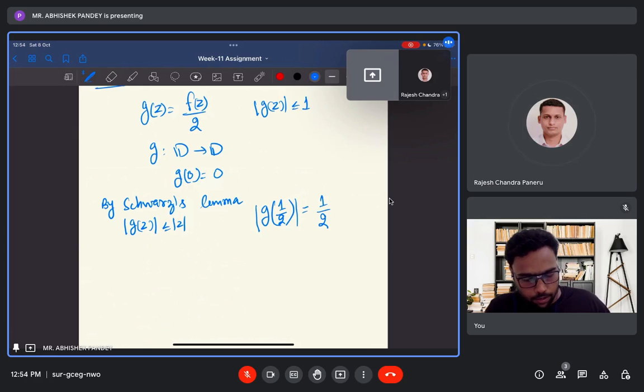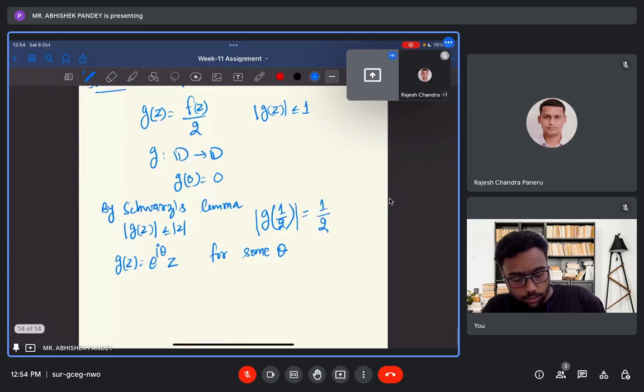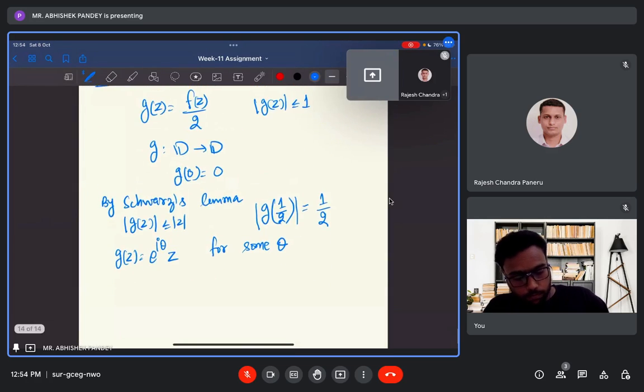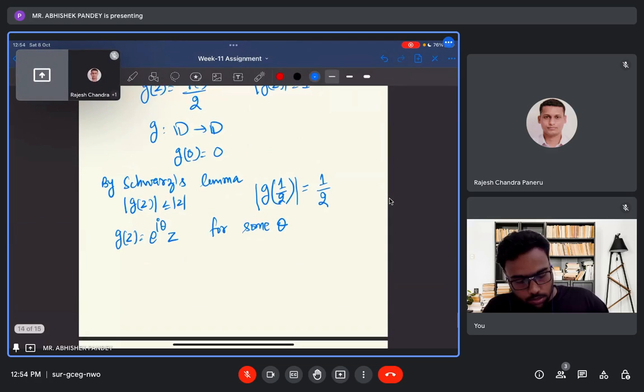So g(z) is nothing but e to the power i theta z for some theta. This is clear. Now what is the derivative? g dash z is nothing but f dash z by 2, which equals e to the power i theta.